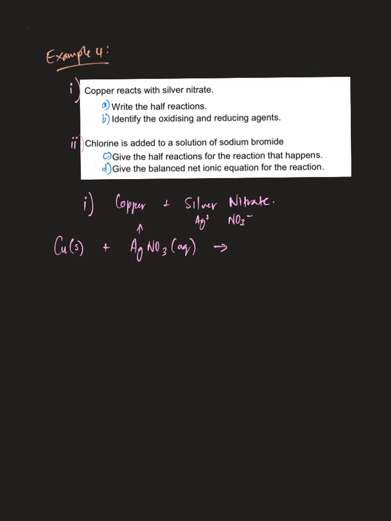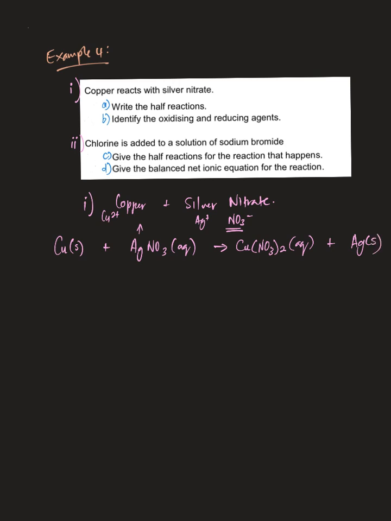However, copper has a charge of Cu2 plus, right? So that means it changes things when it bonds with the nitrate here. So what I'm going to be left with then is Cu(NO3)2 in aqueous plus Ag, which is silver, which is a solid.